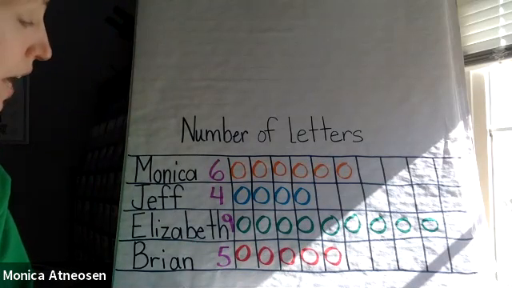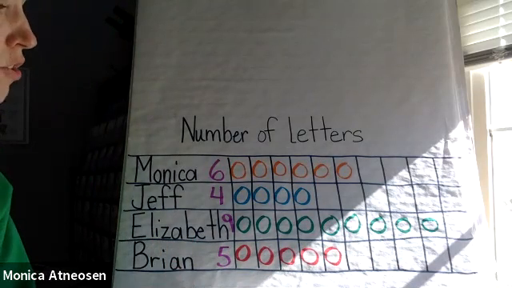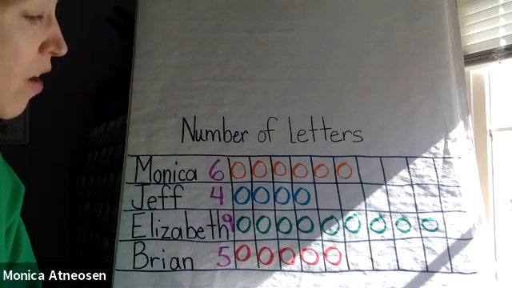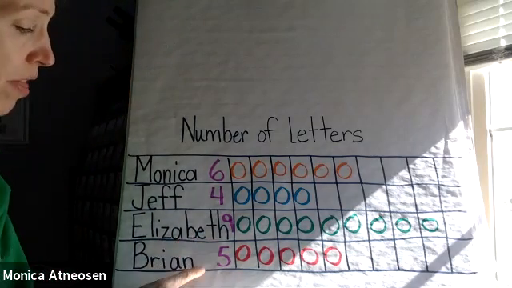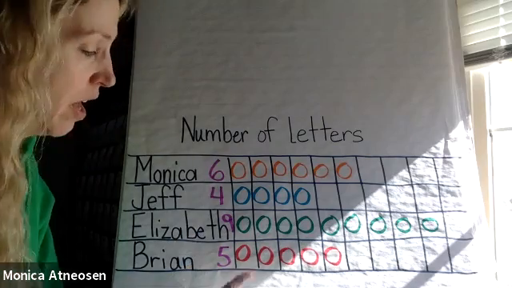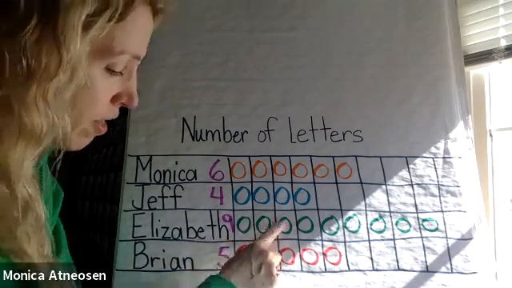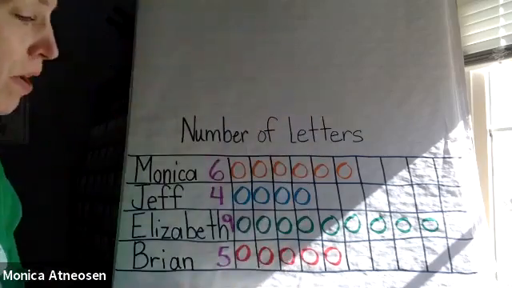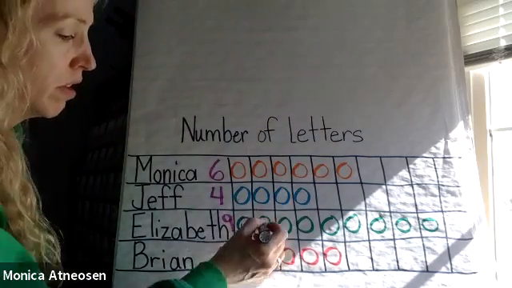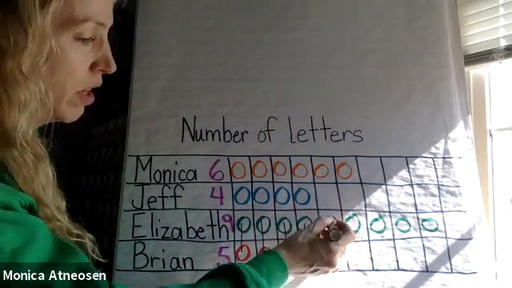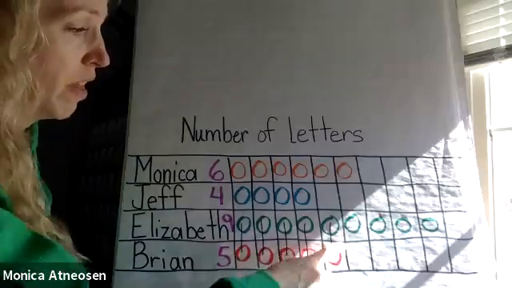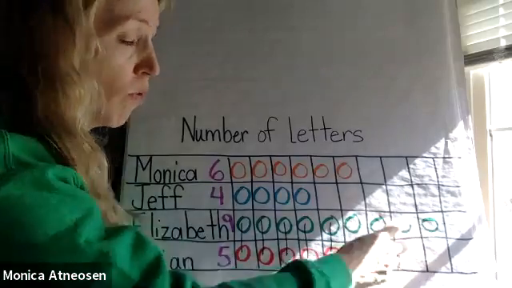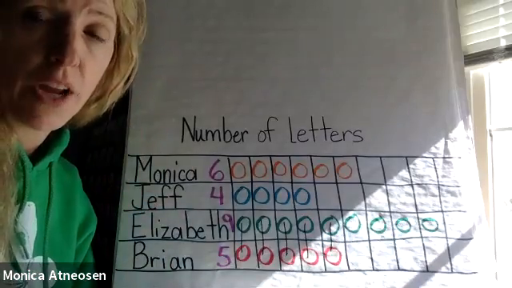And when I ask questions like this, how many more letters does Elizabeth have than Brian? I would match them up. So I could use my marker or my pencil. And then I could easily see that Elizabeth has 1, 2, 3, 4, 5 more than Brian.